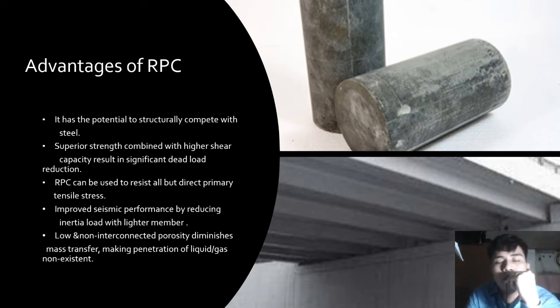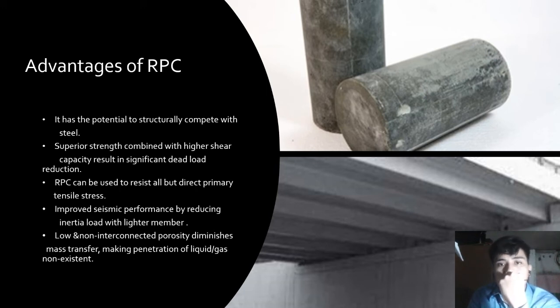So it is very convenient and cost efficient if you are going to use reactive powder concrete instead of using steel, prestressed concrete, and reinforced concrete. RPC can be used to resist all but direct primary tensile stress.